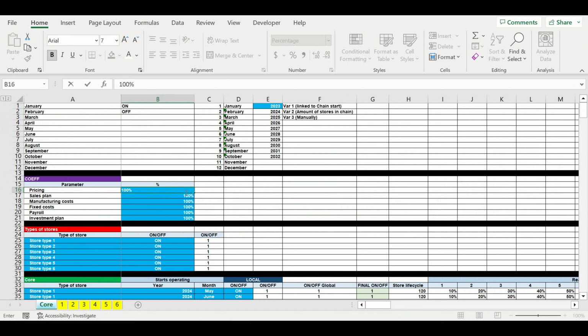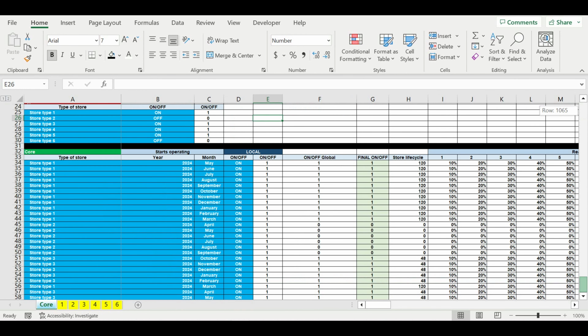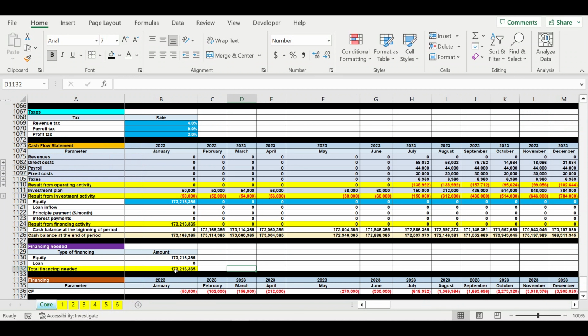Now we can play, for example, if we want to switch off some stores from calculations, we can go here and see how much financing we need in that case.